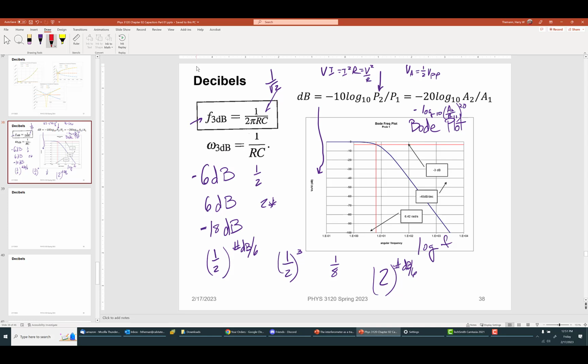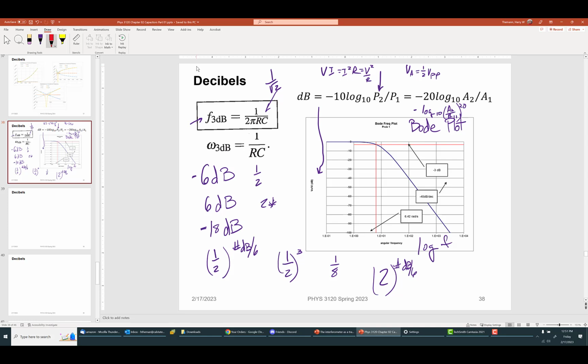So 6 dB is 1/2, and if we're told we have an 18 dB reduction in signal, that means the way to figure that out in a more accustomed way, what we think of more often, is we take 1/2 and raise it to the power of the number of dBs divided by 6.